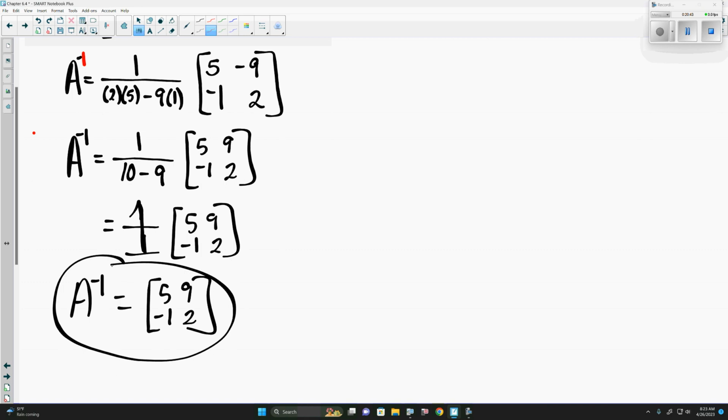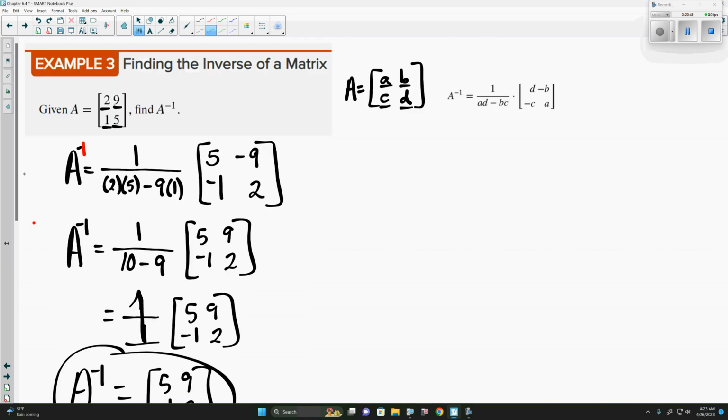Now, one thing to know for sure if a matrix has an inverse is this part here, AD minus BC, cannot equal 0. Because if this here equals 0, then it's not invertible. It doesn't have an inverse. Now, we haven't covered it yet specifically in here, but I think everybody has covered this, because if you've had Algebra 2 covered matrices, we've talked about this before.